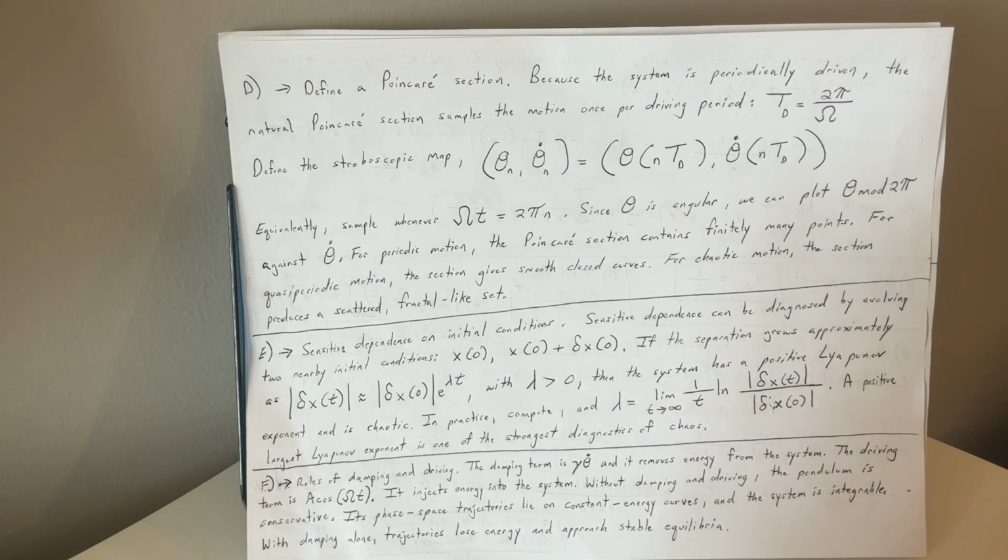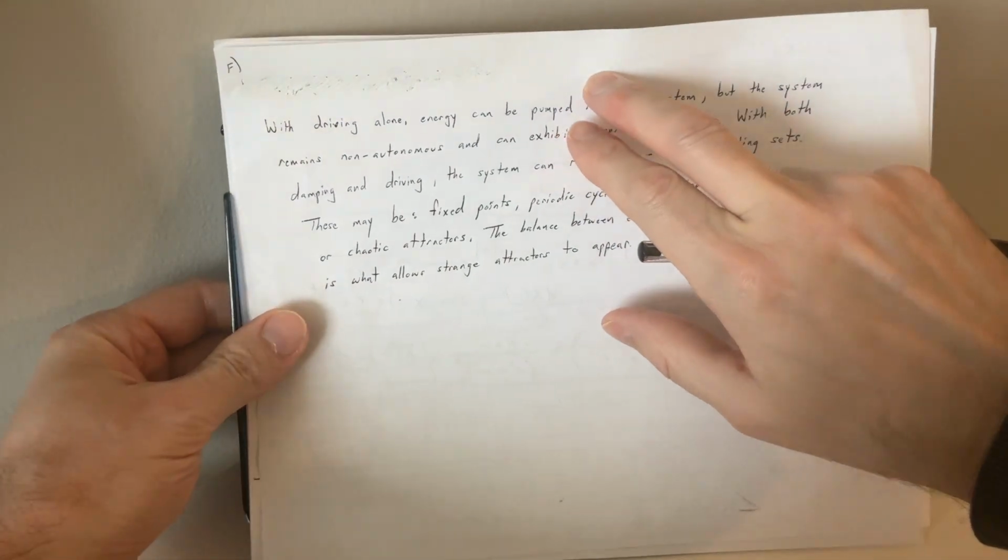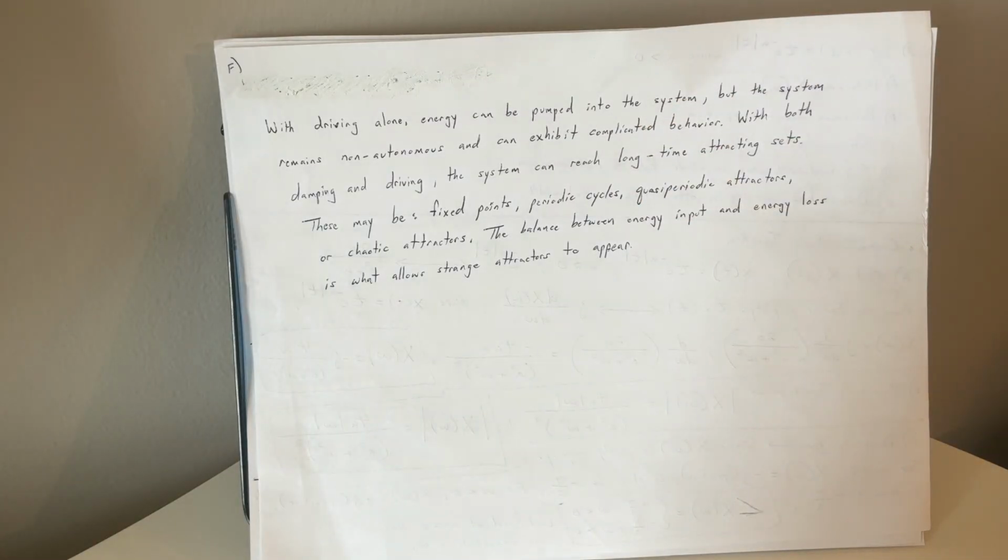With damping alone, trajectories lose energy and approach stable equilibrium. Building on that for the rest of F, now we move to driving. With driving alone, energy can be pumped into the system, but the system remains non-autonomous and can exhibit complicated behavior.